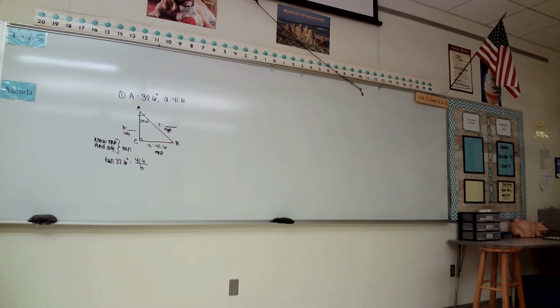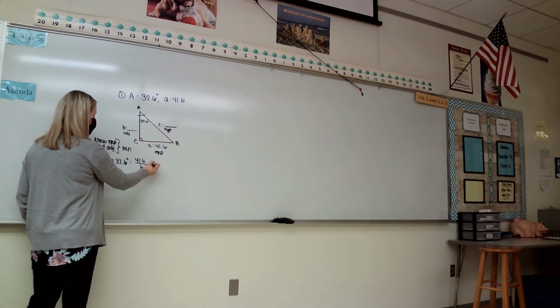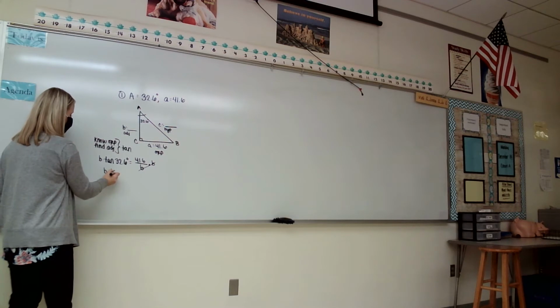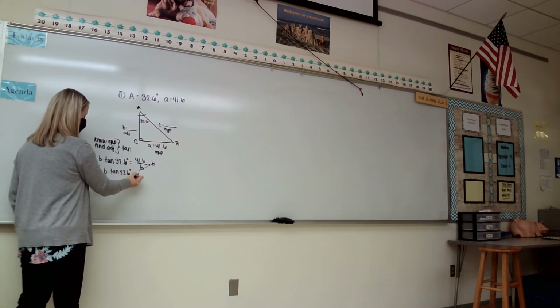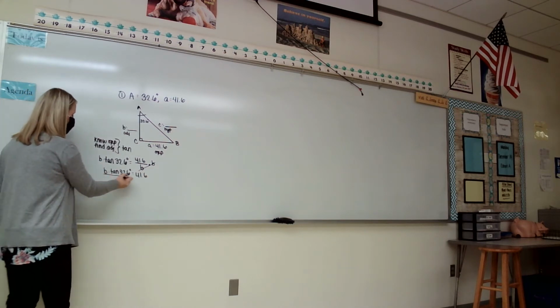Sorry, my B's and my 6's always look kind of similar, so if you're confused, just write a different letter. This one had 2 steps to solve it. I multiply both sides times B. And then for one more step to get B by itself, I'm going to divide by tangent of 32.6.